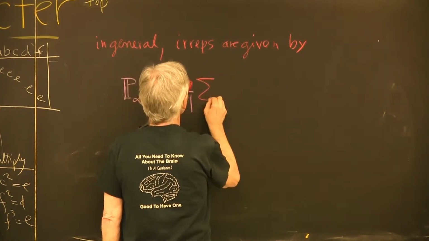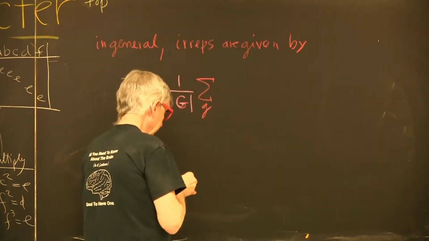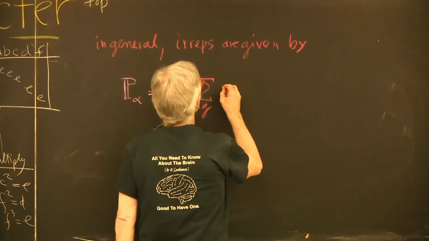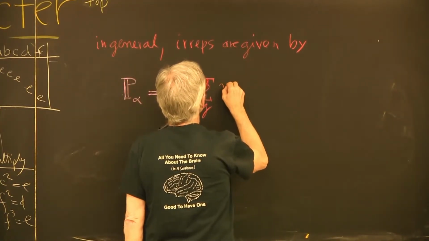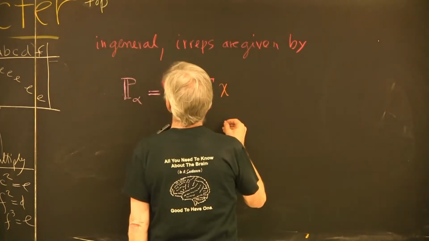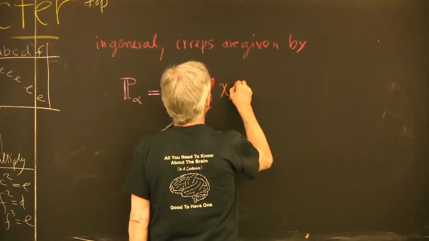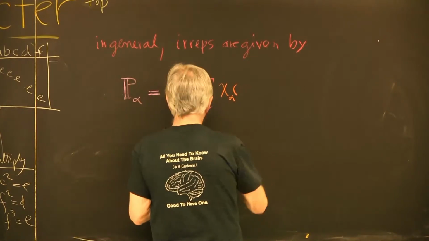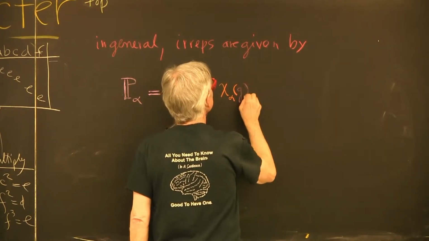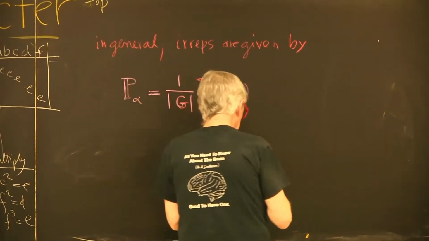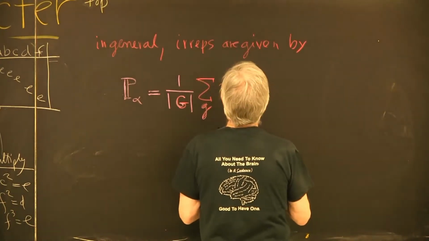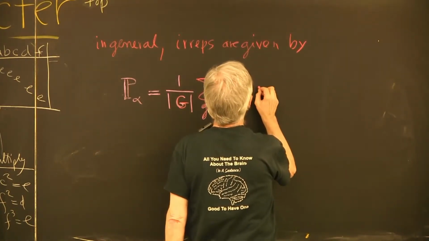You always average over the group, and then you compute the character of the group element in a given representation, and you apply the group operator.